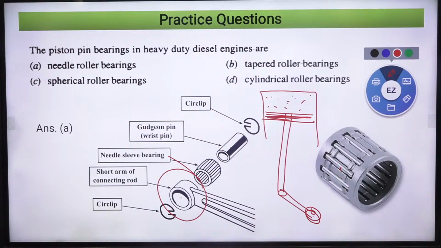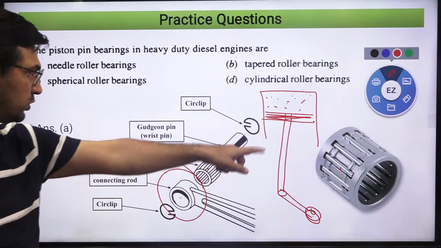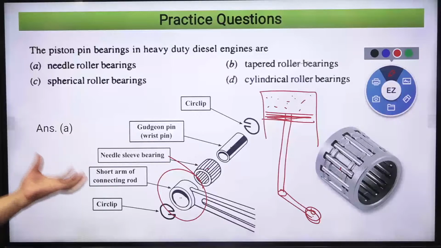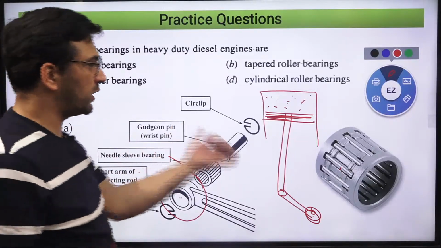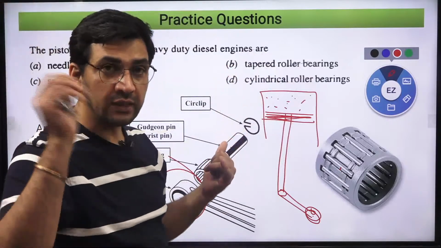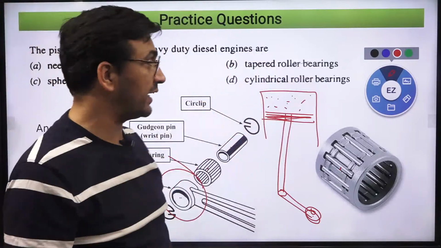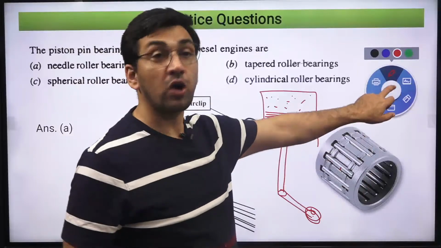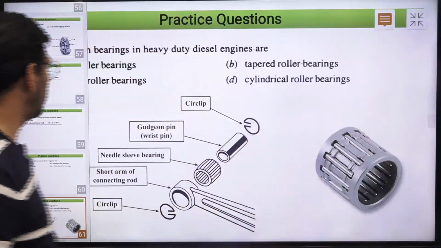This is the needle roller bearing shown here. These are some of the applications of needle roller bearings where space is less and loads are heavy. Another application is the oscillating motion in the rocker arm. There also we make use of this.